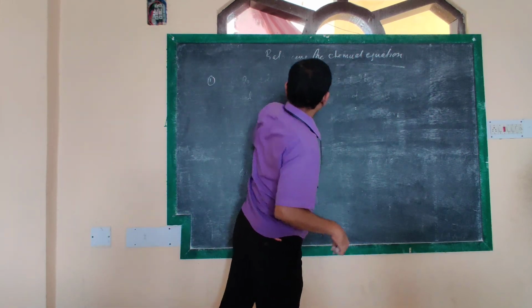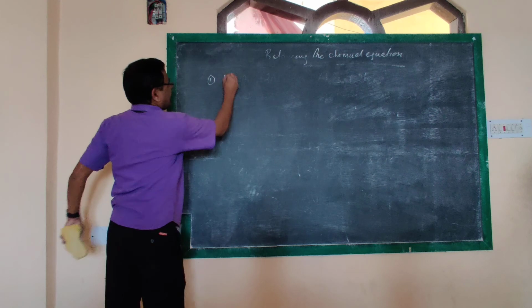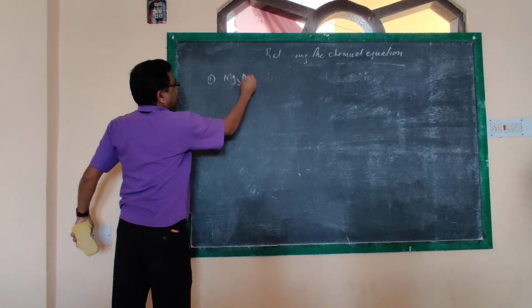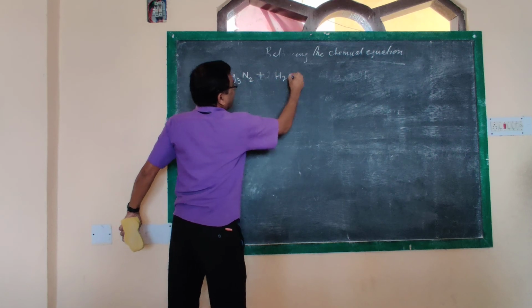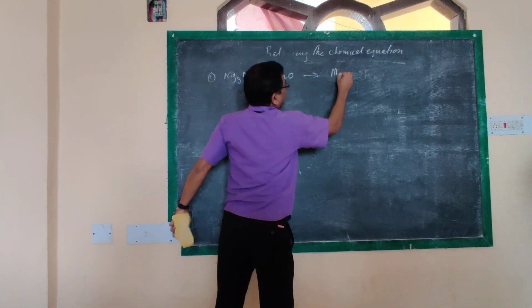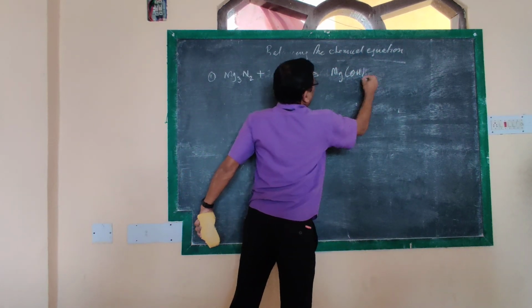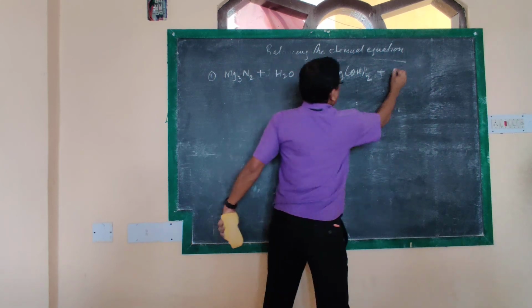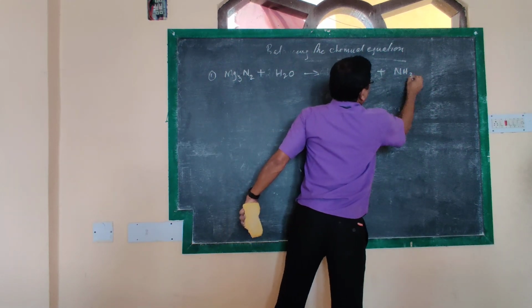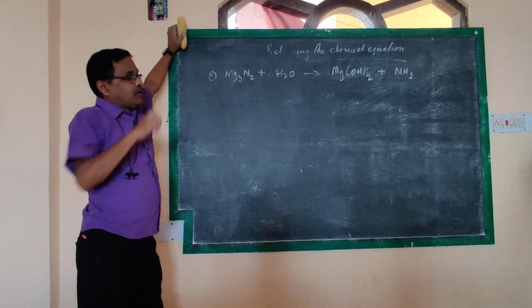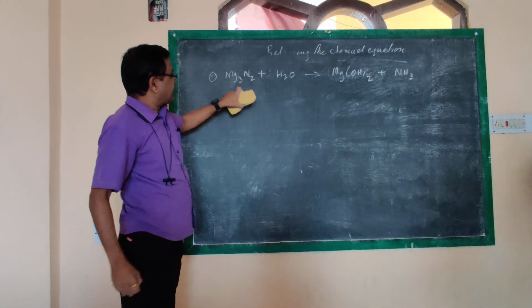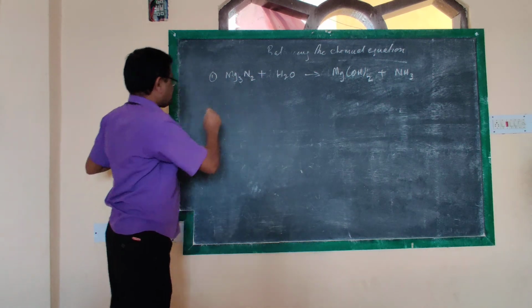So the first reaction I am going to take is, for example, Mg3N2, magnesium nitride, plus water gives magnesium hydroxide plus ammonia. This is the preparation of ammonia reaction. Now here, first let us see the rules.